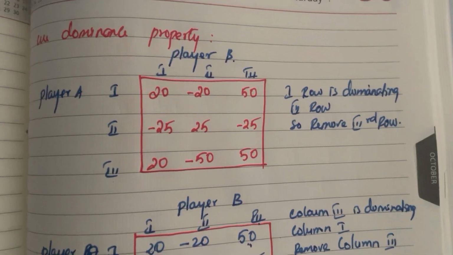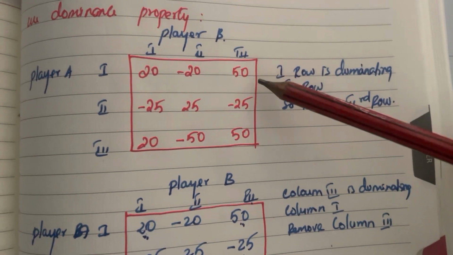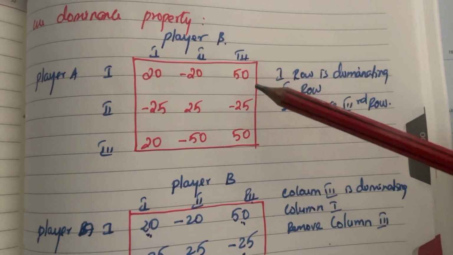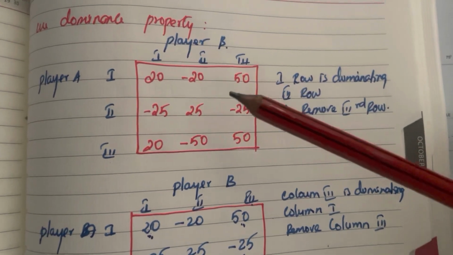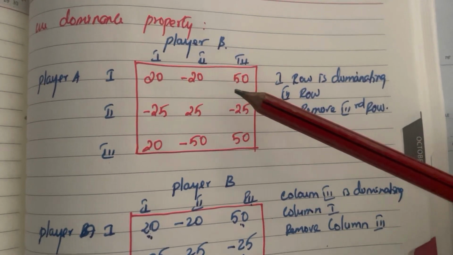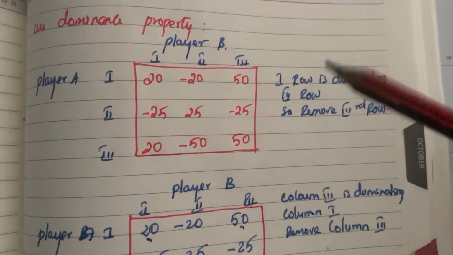For the dominance property, you have to write the payoff matrix. So here we need to check whether each row or each column is dominating any other rows or columns. Say for example, whether the first row is dominating any other rows, that we need to check.